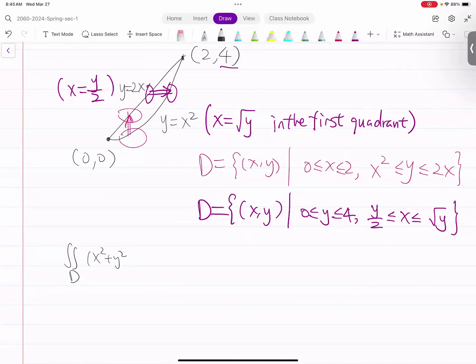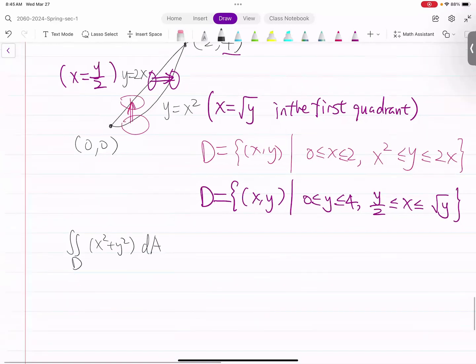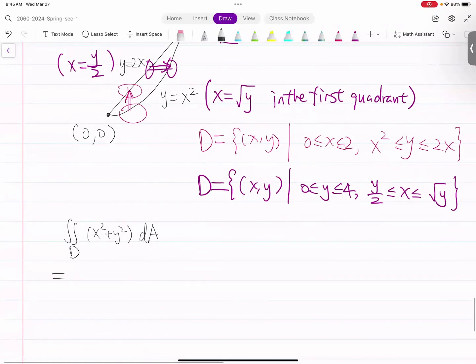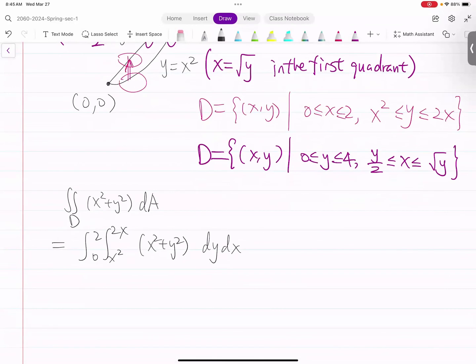The double integral over the region D of this sum of squares can be described by the type 1 double integral. This is where x is free from 0 to 2, dx. y is cut between x squared and 2x, dy, and then x squared plus y squared. So this is the one from the red description.